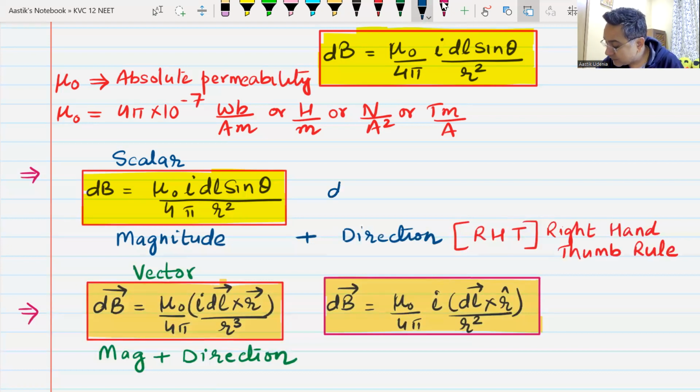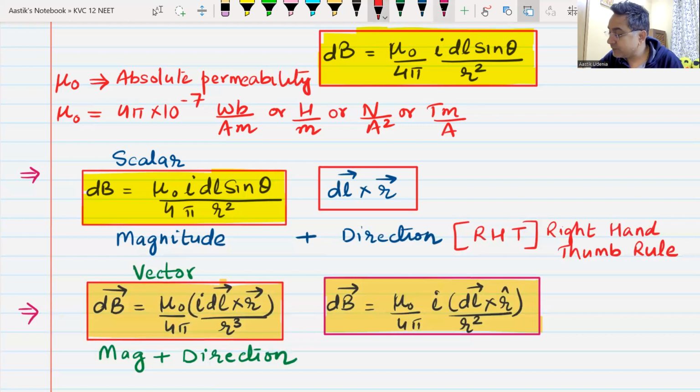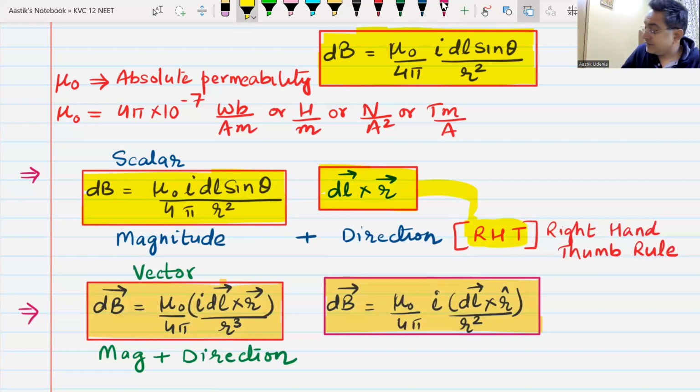And how do you apply this rule? You have to find out the direction of the cross product of dl with r, and this direction of cross product of dl with r is found by the right hand thumb rule.